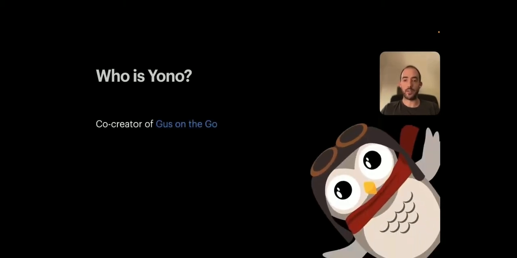So who am I? Most of you know me, it looks like, so this introduction slide might be a little bit redundant, but along with Alice Zhao, I'm the co-creator of Gus on the Go, which is this owl guy right here. Gus helps introduce young children to new languages at an early age and tries to make them better global citizens, which I think we need more of nowadays.